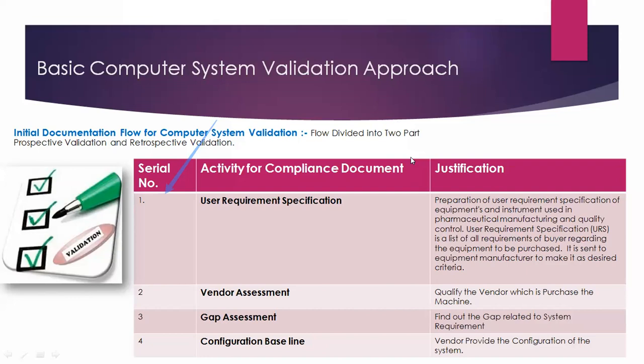Any data entry that comes through the computer system is electronic data. The guideline clearly says that all electronic data should be backed up. So each and every electronic data should be under the backup policy.